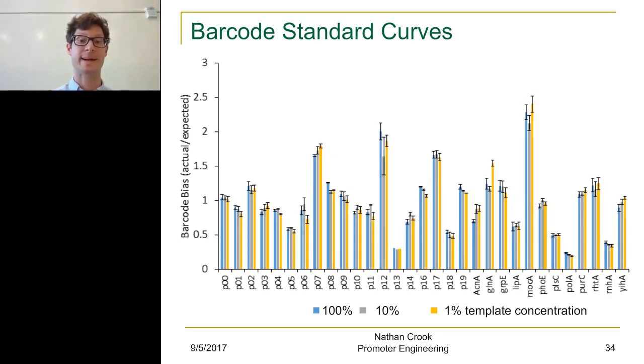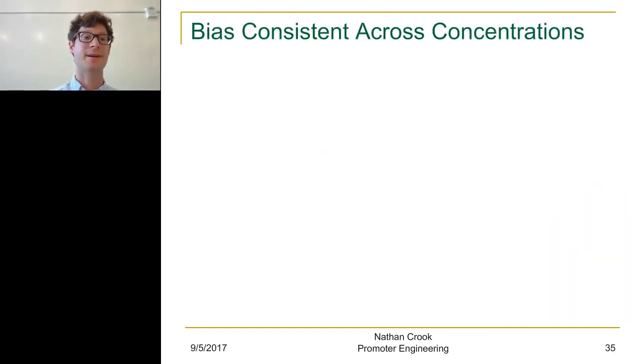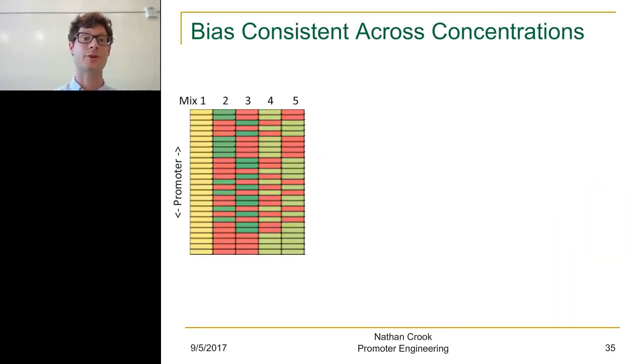Now, the way we tested that was through the use of an actual curve where we took different mixes of our promoters. So the promoters are shown on the y-axis, and what we were able to do is either give a uniform distribution or have some distributions where some were high and some were low, or some were in the middle, etc. And what we should be able to do is take mix 1 as our standard and recapitulate the expected amounts of mixes 2 through 5.